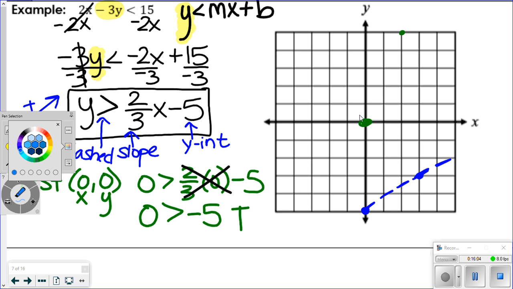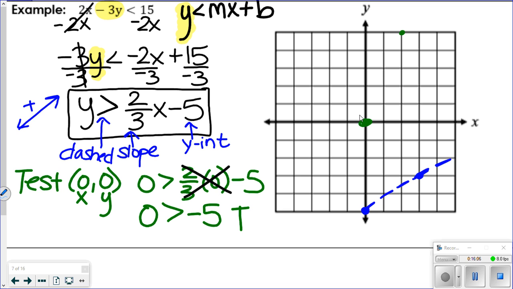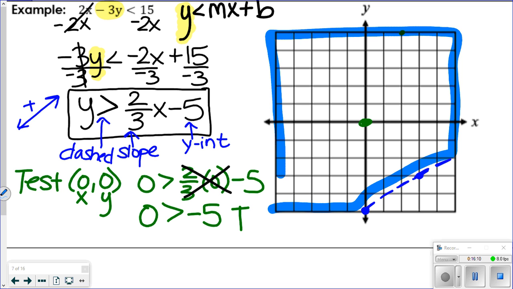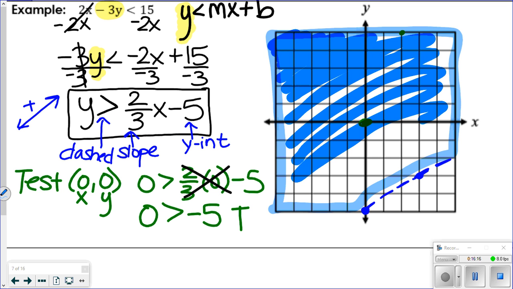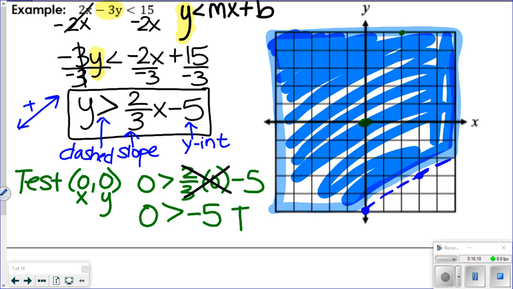So take your pencil and you're going to shade this entire portion of your graph. And make sure I can still see that your line is dashed even after you've shaded.